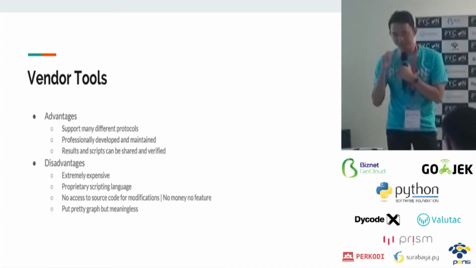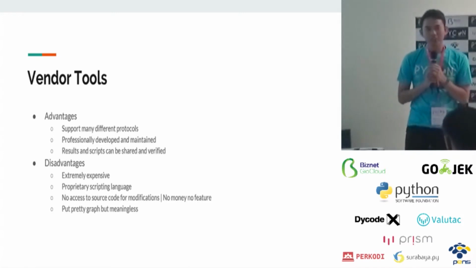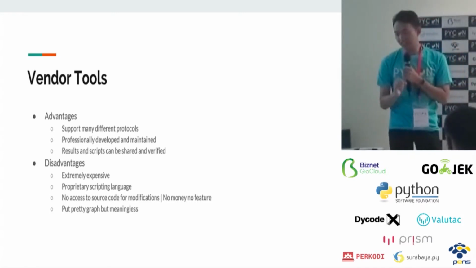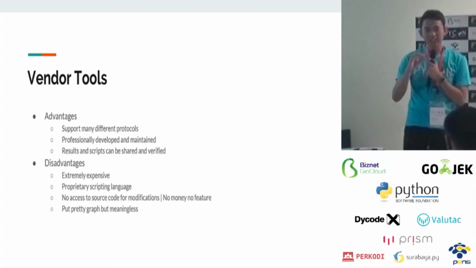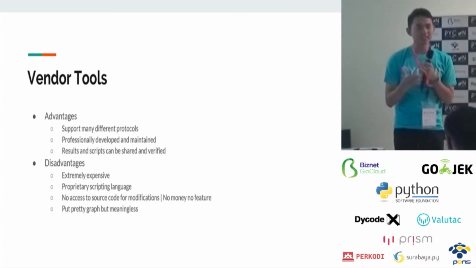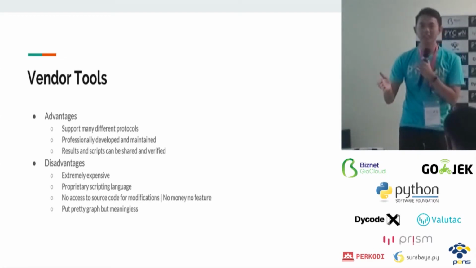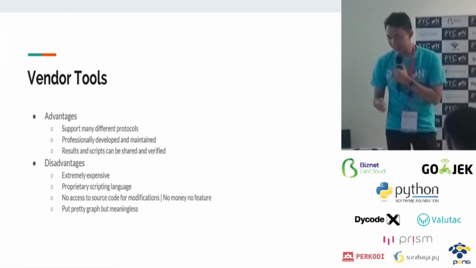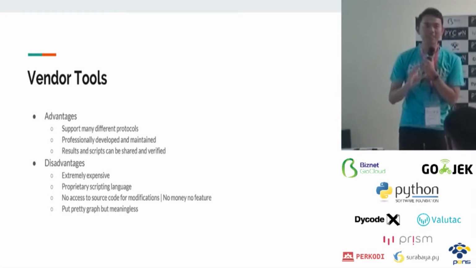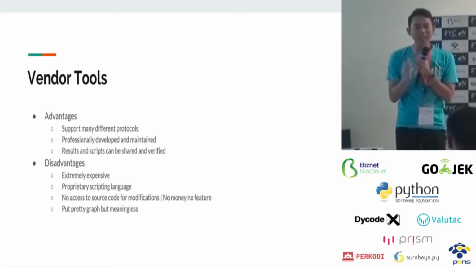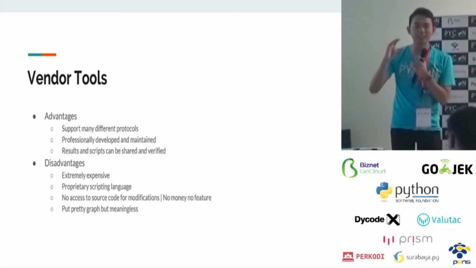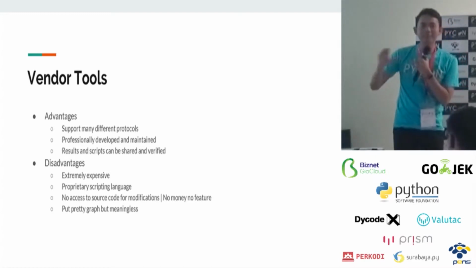And there are also disadvantages, which is it is extremely costly. And it uses a proprietary scripting language, and you need your developer to learn that scripting language in order to do some tests. And no access to source code. It means that you have to pay money to request a feature. No money, no features. And sometimes they put in a pretty graph that your executive level wants, but it is meaningless.